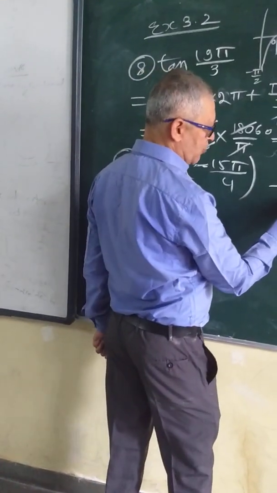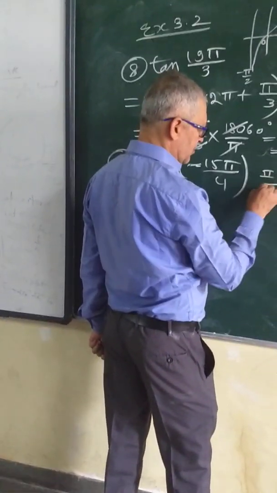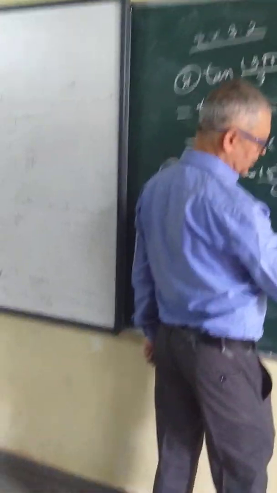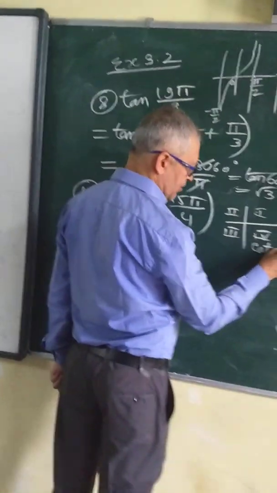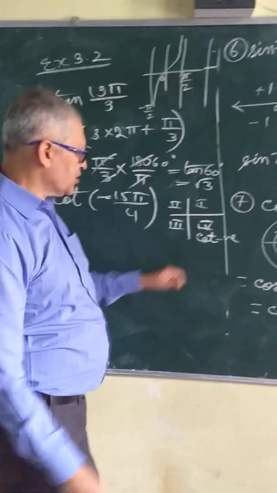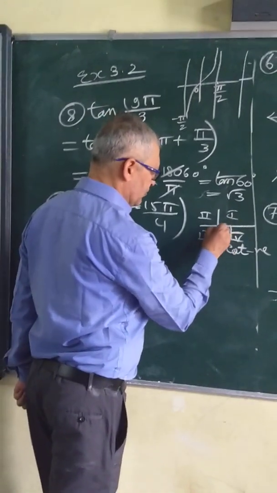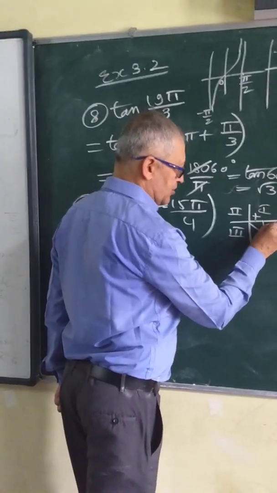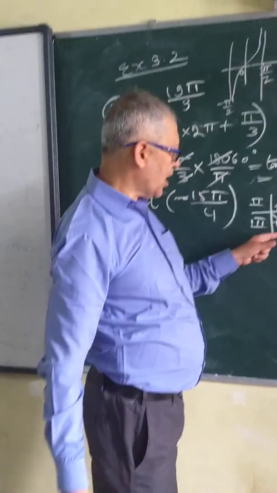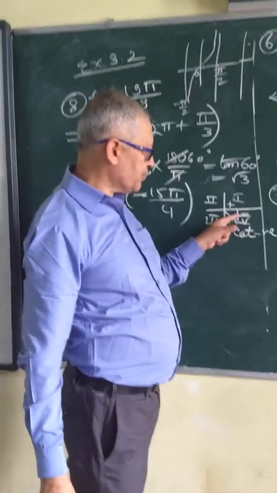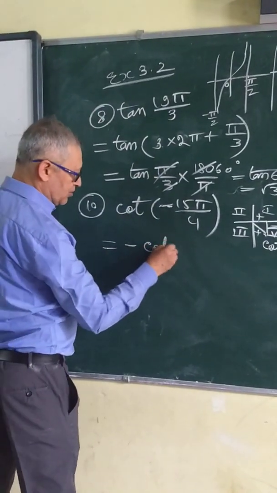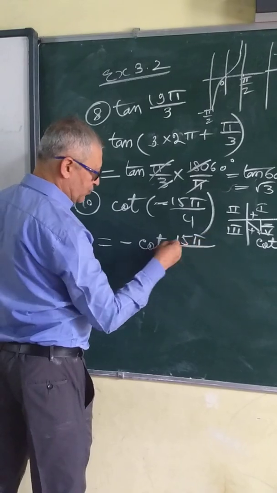When we look at the quadrants, first, second, third, fourth, the value of cot is negative here, because when we draw a triangle, this is the positive side and this is the negative side. Cot is base by perpendicular, so this will come out negative. So this is equal to minus cot 15 pi by 4.